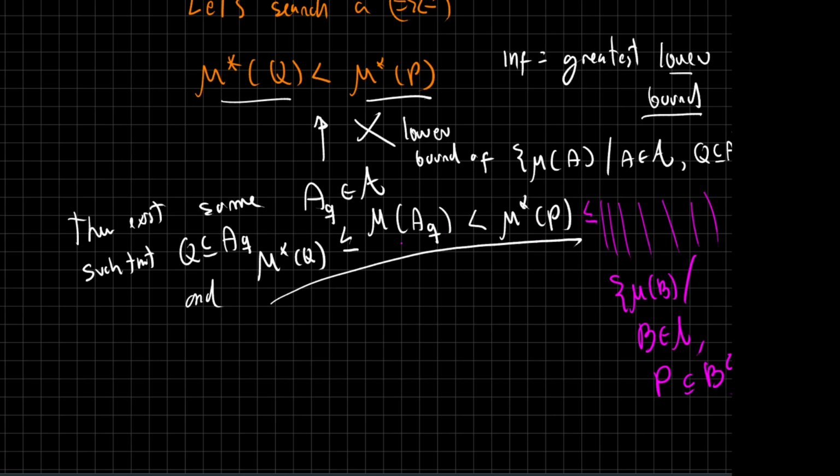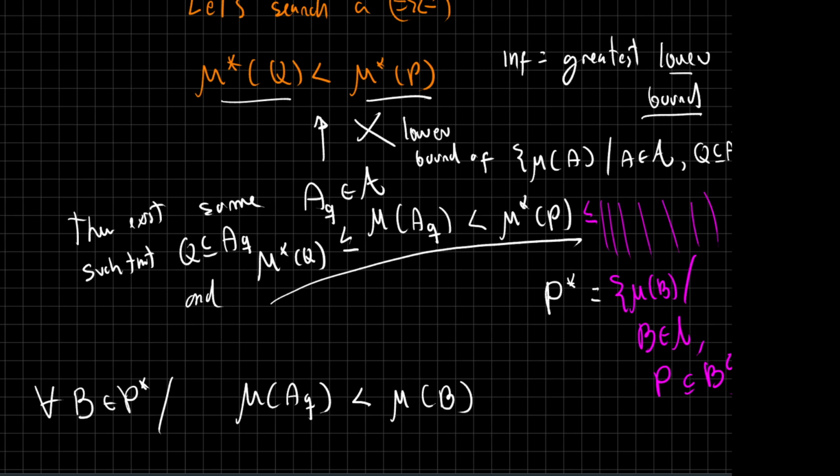So if this is less than the infimum, then it happens that for every V inside this set, which we may call P star, this is strictly less than mu of V.